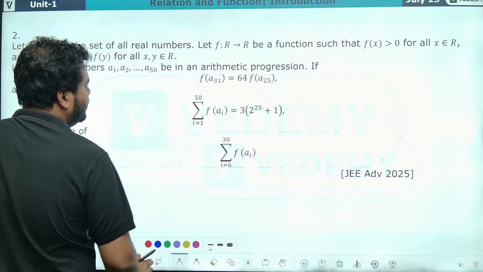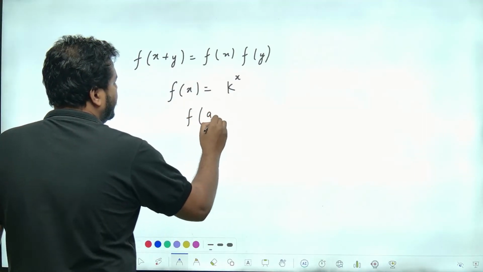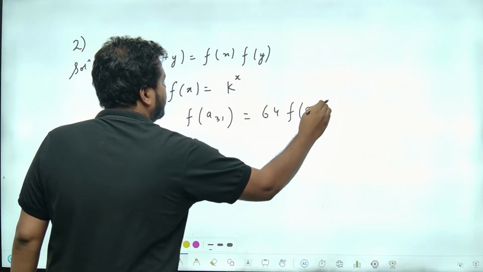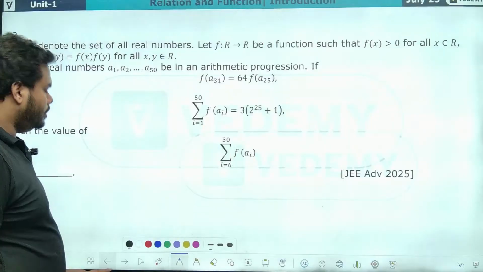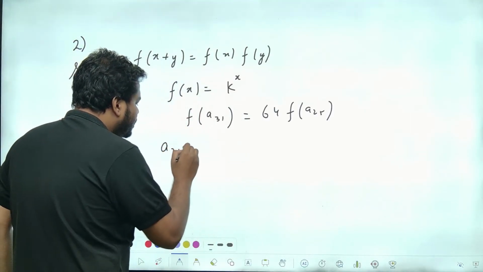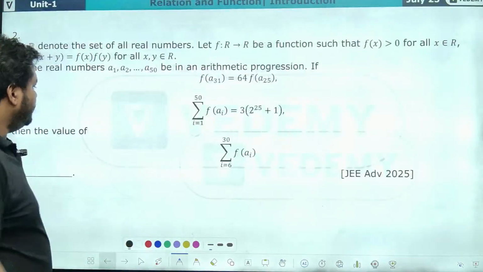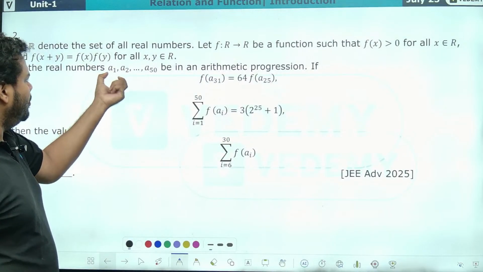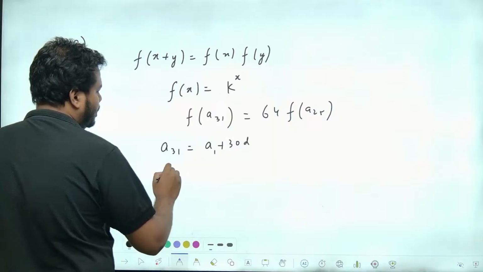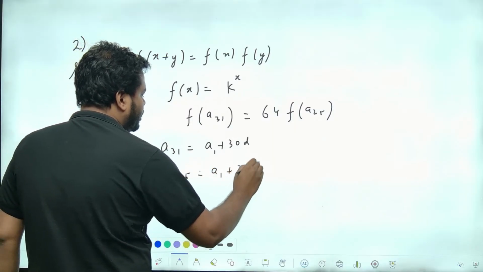So what is given? f(A31) is equal to 64 times f(A25). Now, what is A31? A31 is equal to a plus 30d. The first term is A1 and let the common difference be d. So it is A1 plus 30d. What is A25? A1 plus 24d.